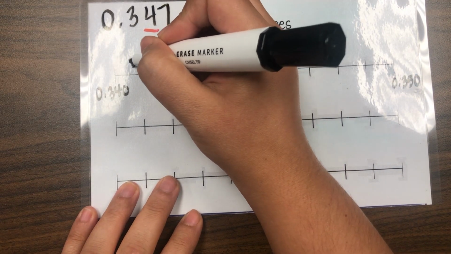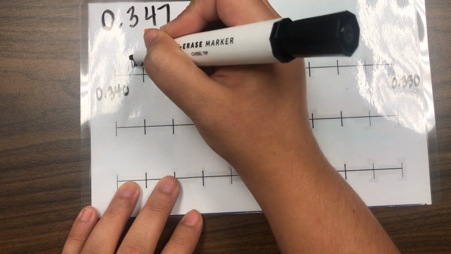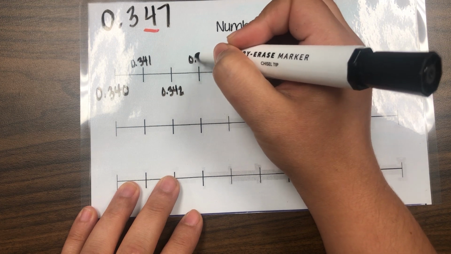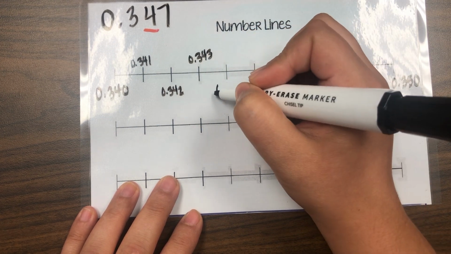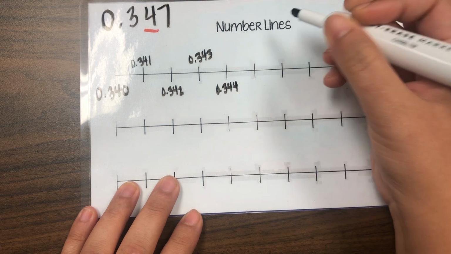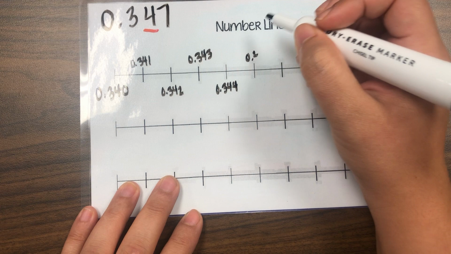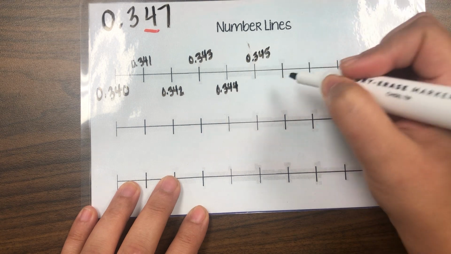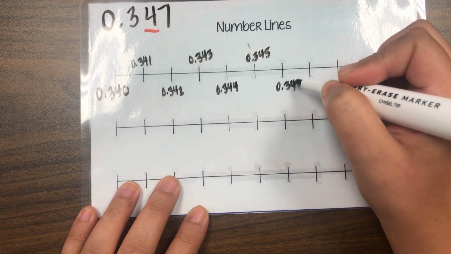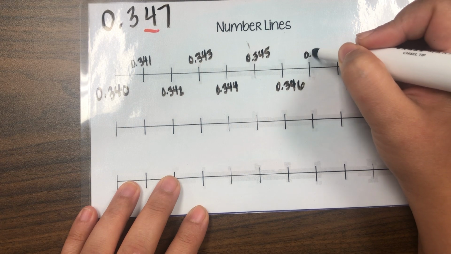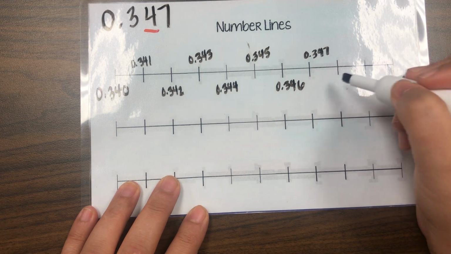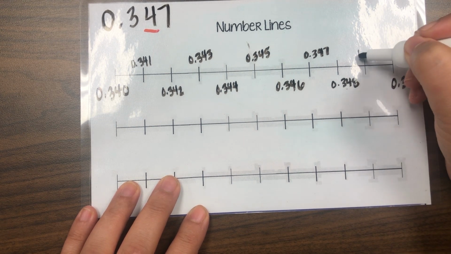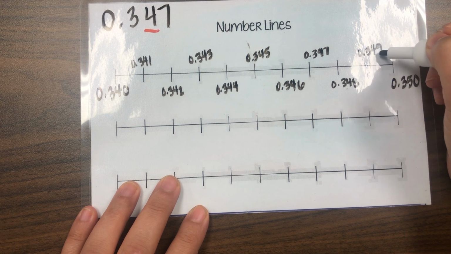So up here, I'm going to have 0 and 341, 0 and 342, 0 and 343, 0 and 344, 0 and 345, whoops, 0 and 346, 0 and 347, 0 and 348, and 0 and 349, okay?